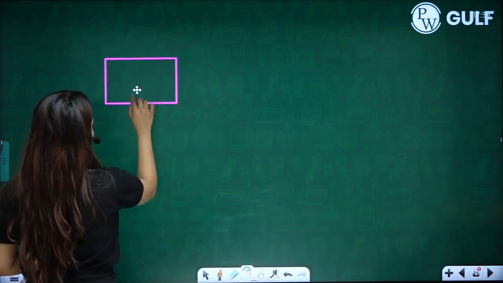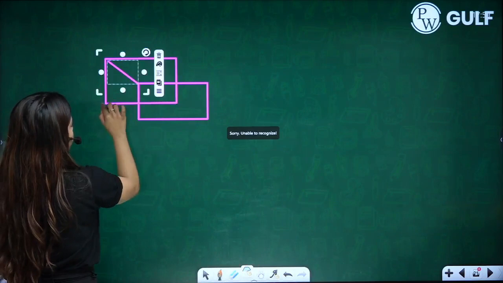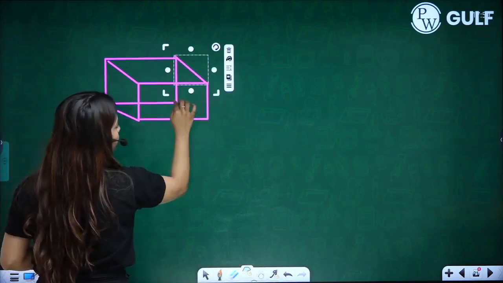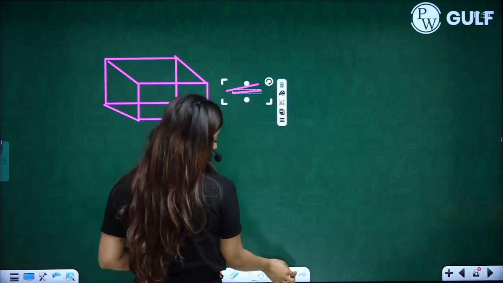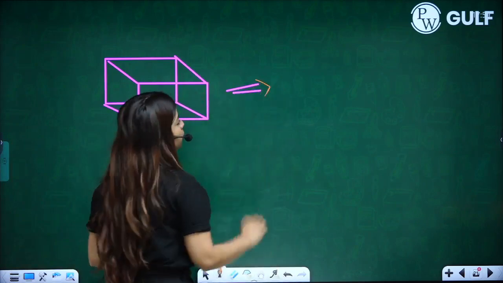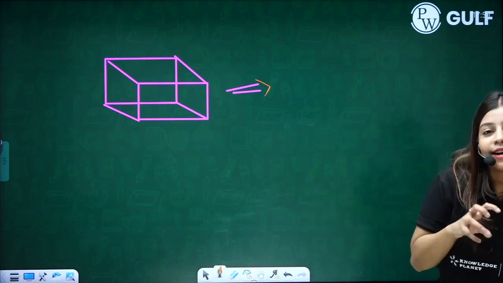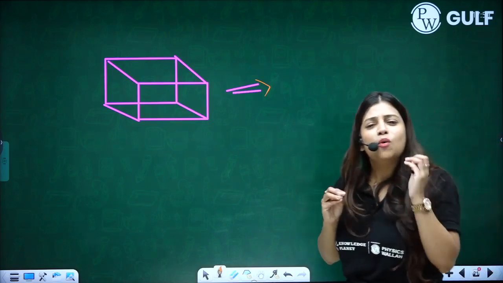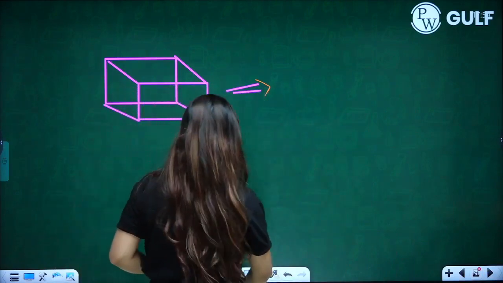Now this cuboid is getting melted and recasted, forming small lead shots that will be spherical in shape, right?